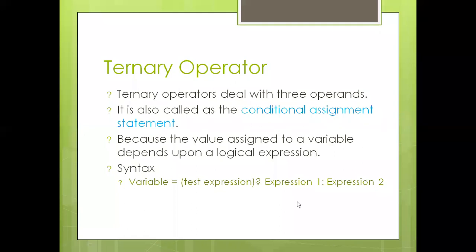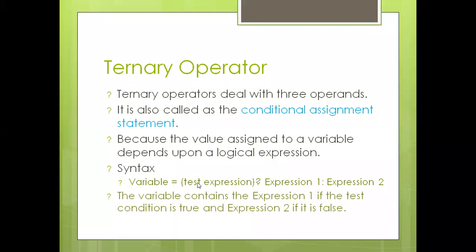The expression that returns the result in true or false is the Boolean expression. Now, what will happen when this test condition is true? Then this expression 1 is going to be executed. Otherwise, if the test expression is false, then this expression 2 is going to be executed. This is the ternary operator.